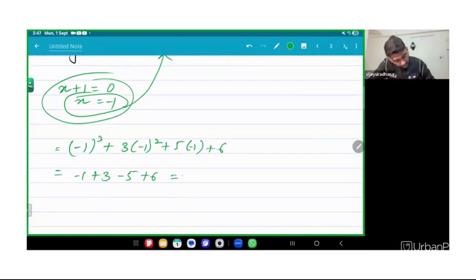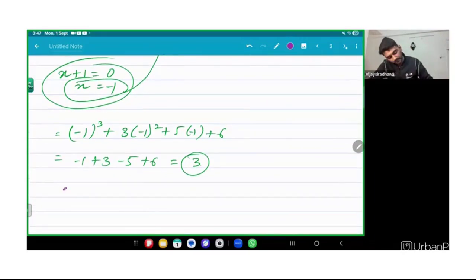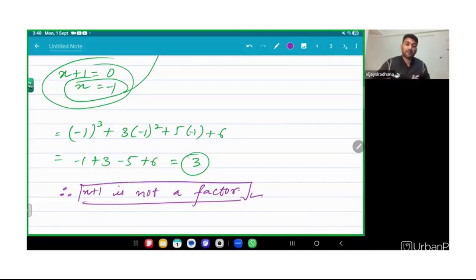So minus 1 plus 3 is 2, minus 5 is minus 3, plus 6, so remainder is 3. So the value is not 0, therefore x plus 1 is not a factor. x plus 1 is not a factor, right?